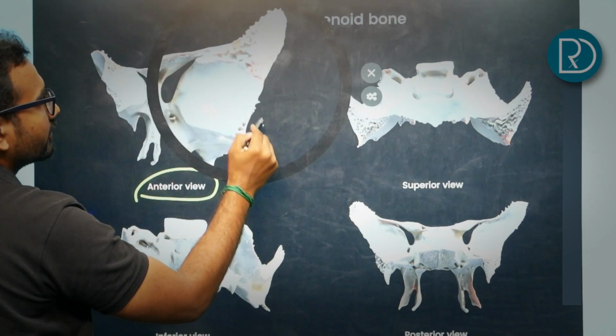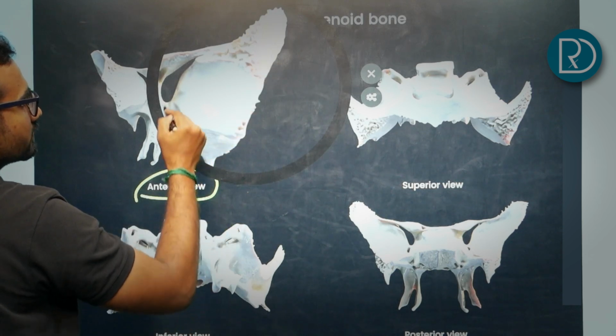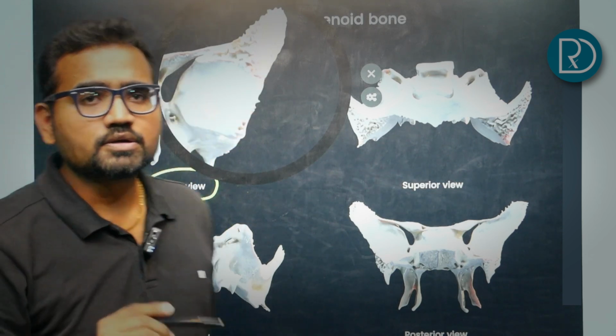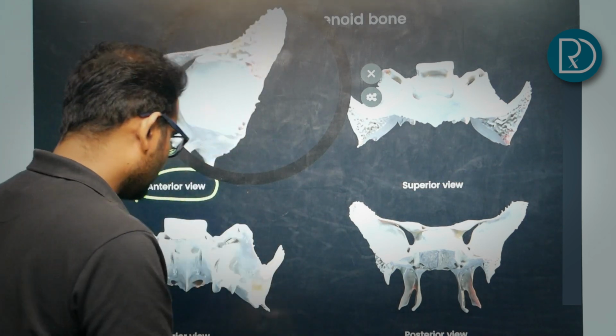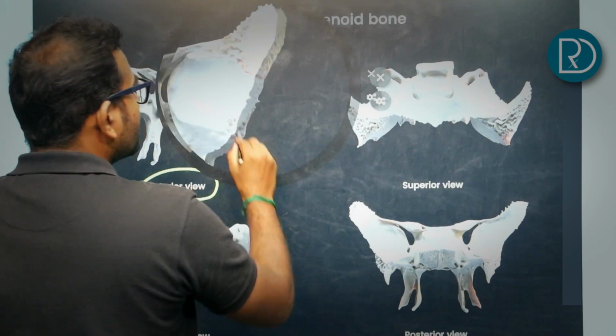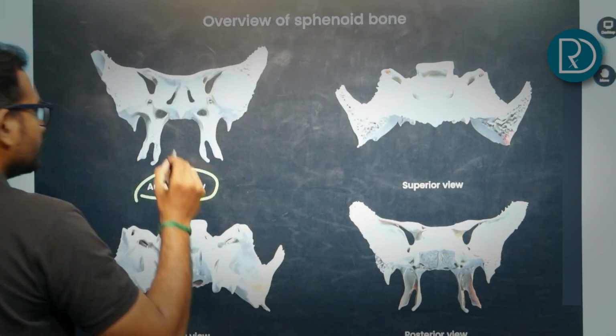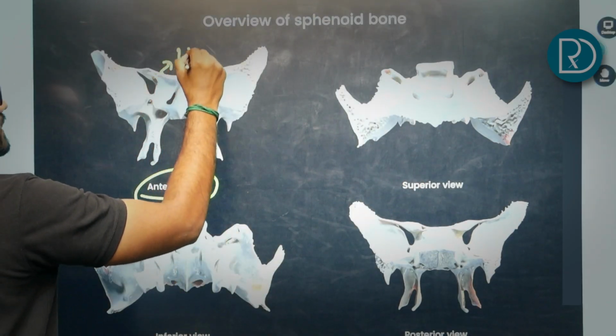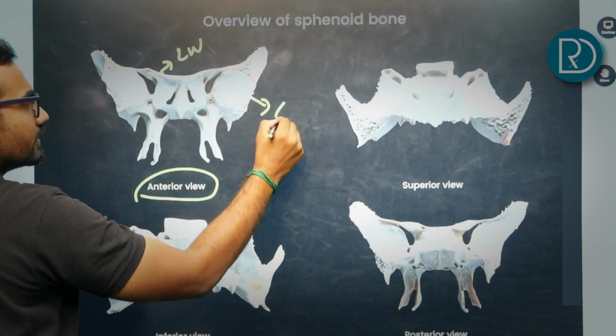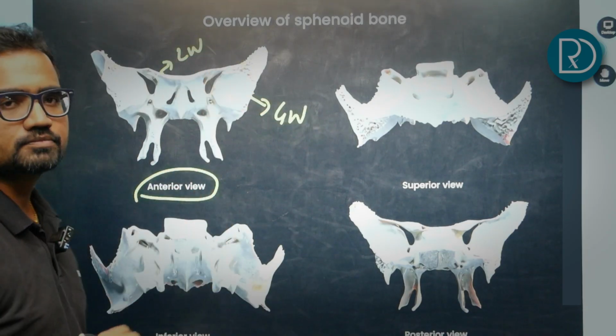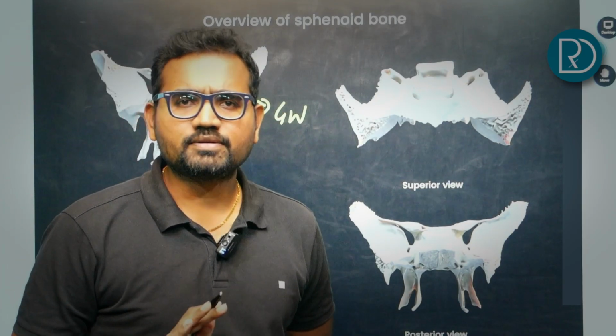Similarly, on the other side. That is called the greater wing of the sphenoid. So we have two wings: the lesser wing and the greater wing. Very clear, very easy.